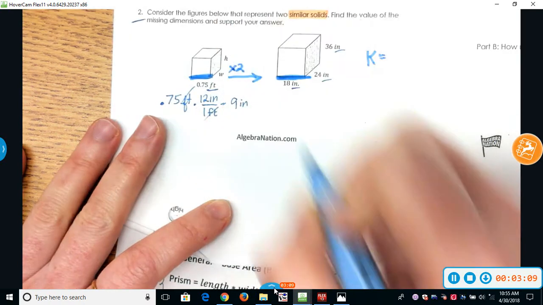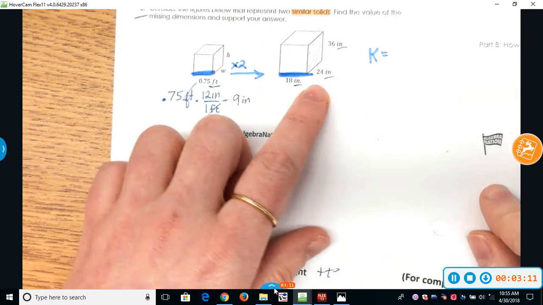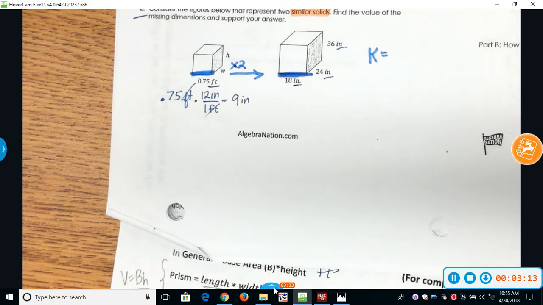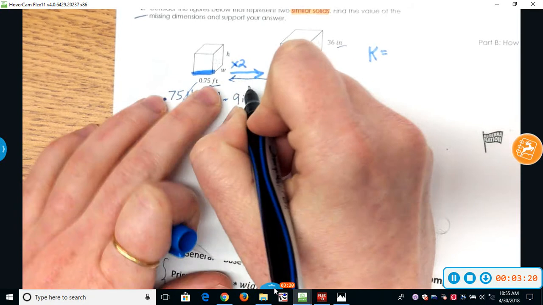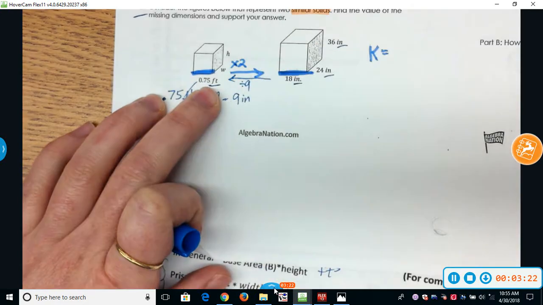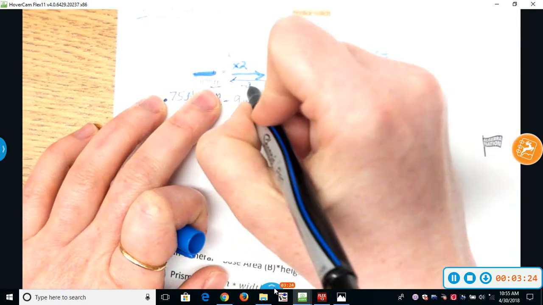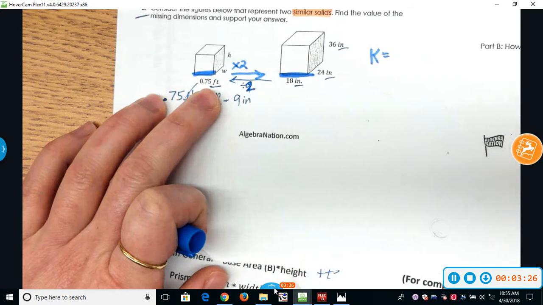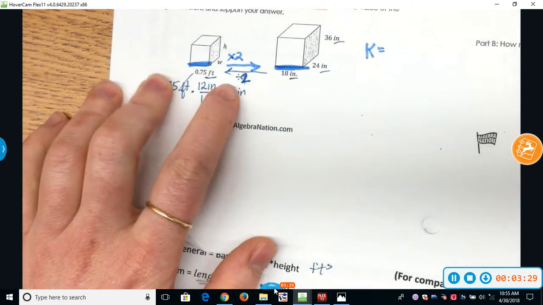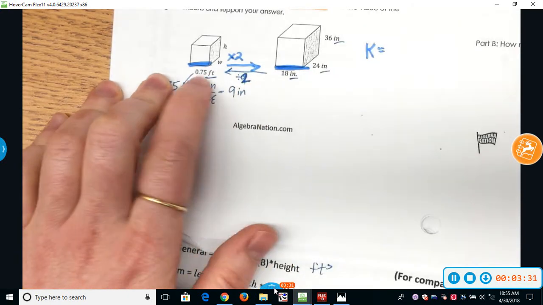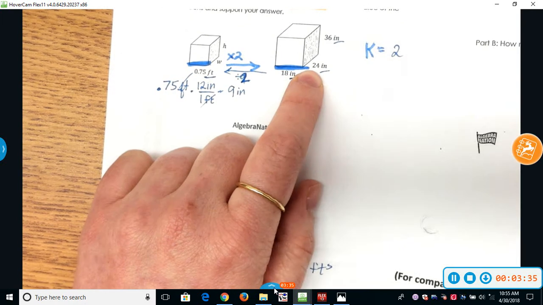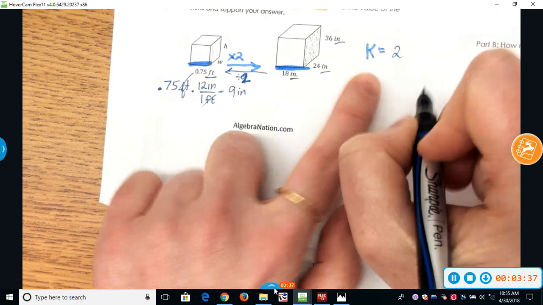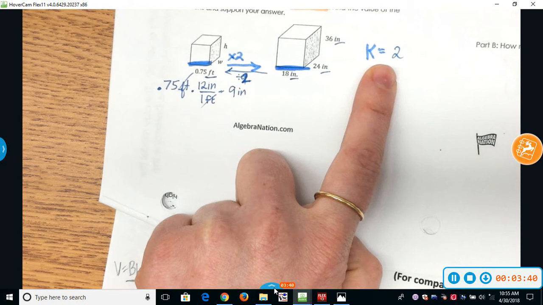I'll make that an X. I can also go the other way. If I go the other way, I'll do that in a darker blue. If I went from 18 to 9, I divided by 2. So the order that you go matters. So my K is 2. Either I divided by 2 or I multiplied by 2.